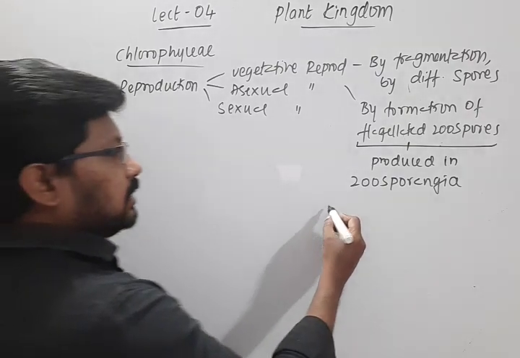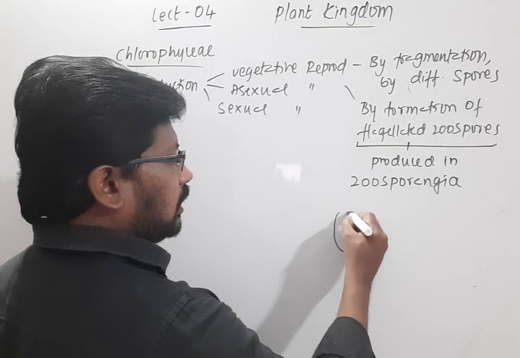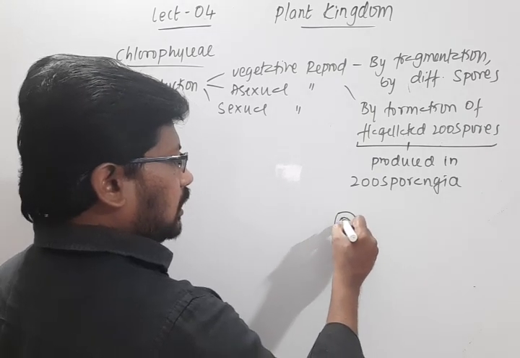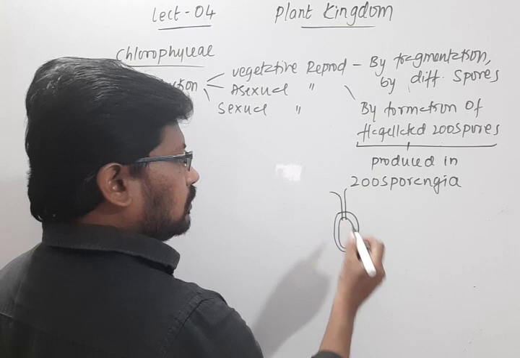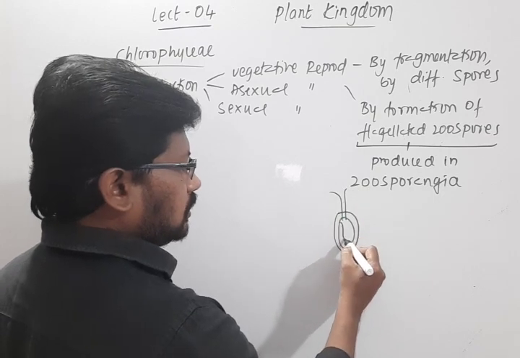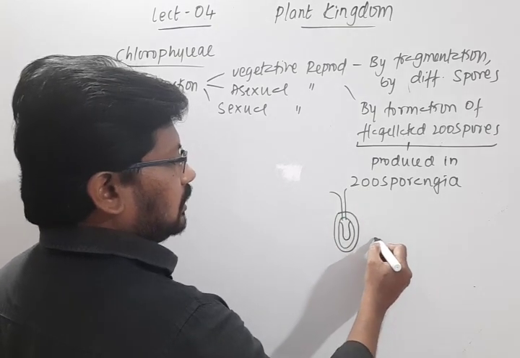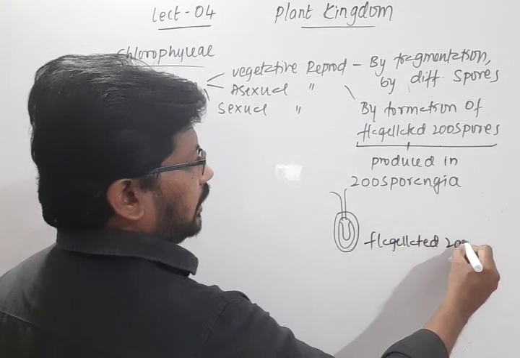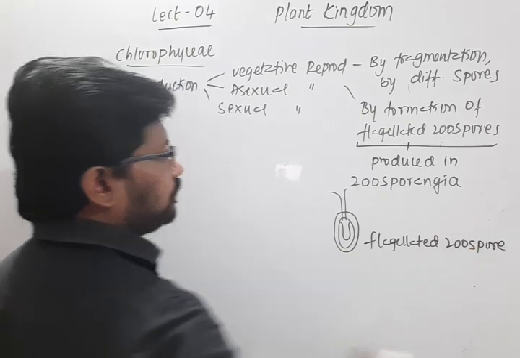These flagellated zoospores will have a similar structure to what I have shown in case of Chlamydomonas. So this is a flagellated zoospore.